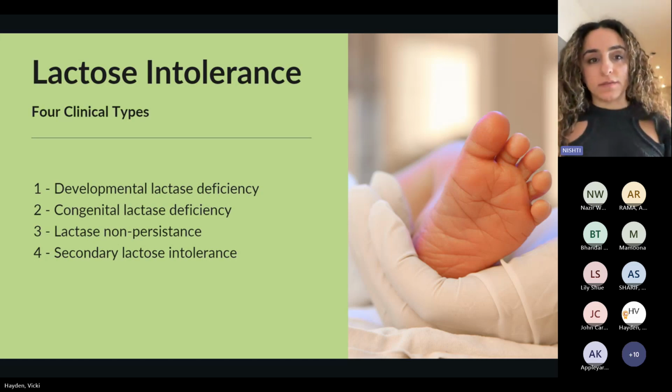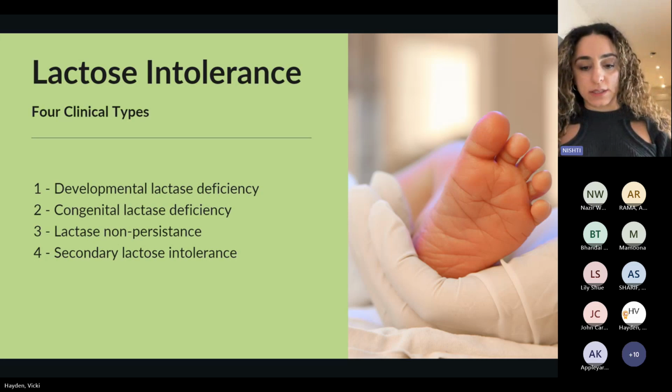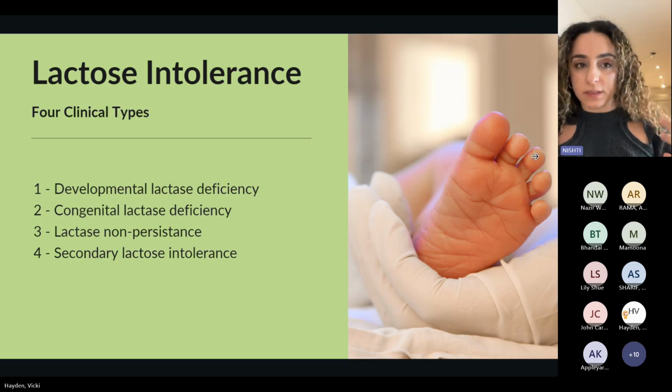So the first one, developmental lactase deficiency. This is observed in premature infants less than 34 weeks of gestation. Low lactose or lactose-free formulas are often used, but because they don't meet the child's nutritional requirements, we usually use lactase drops with the formula or with breast milk to ease symptoms.